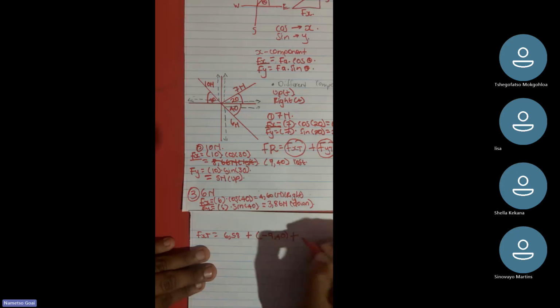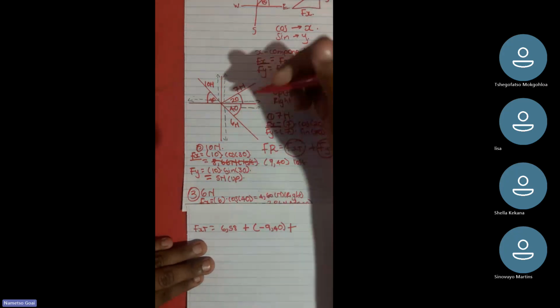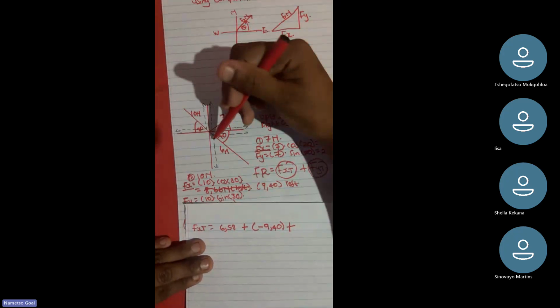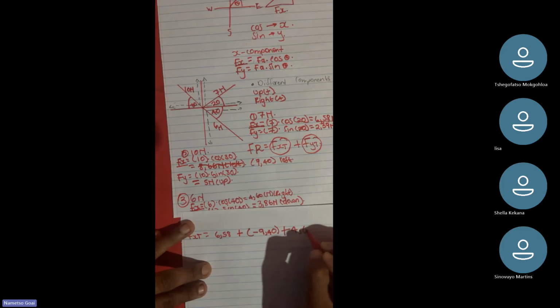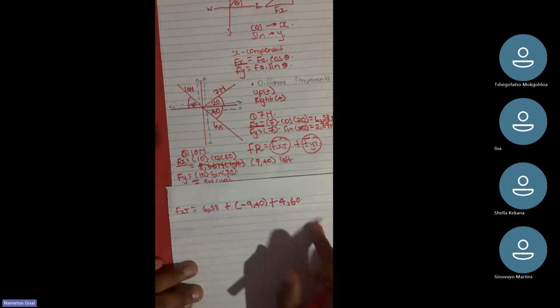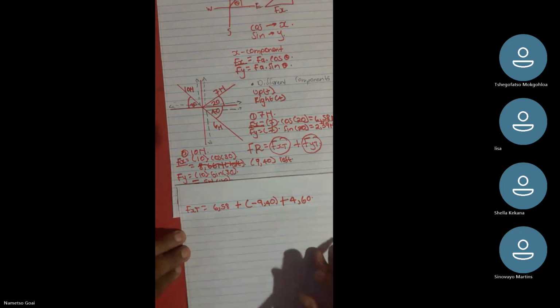Then we have plus. Now let's look at the x-axis of the 6 Newton one. It's going to the right, so it's positive. So it's going to be plus 4,60. Can somebody put this into the calculator for me? 1,78.